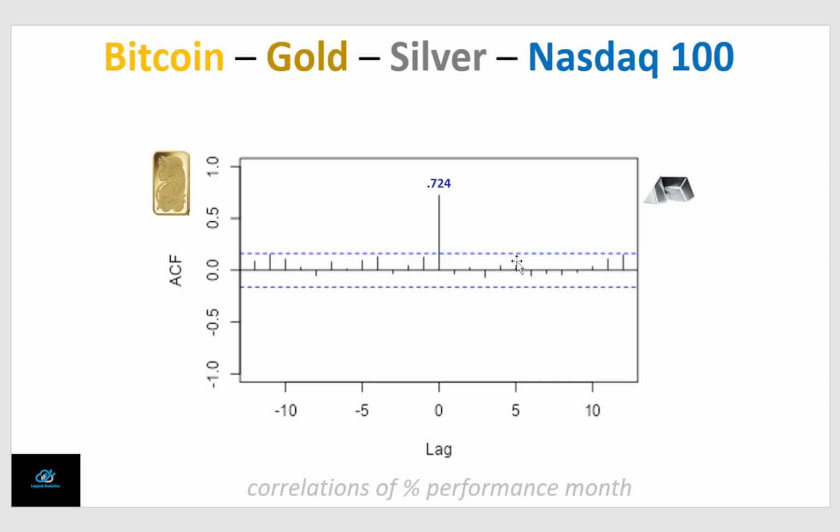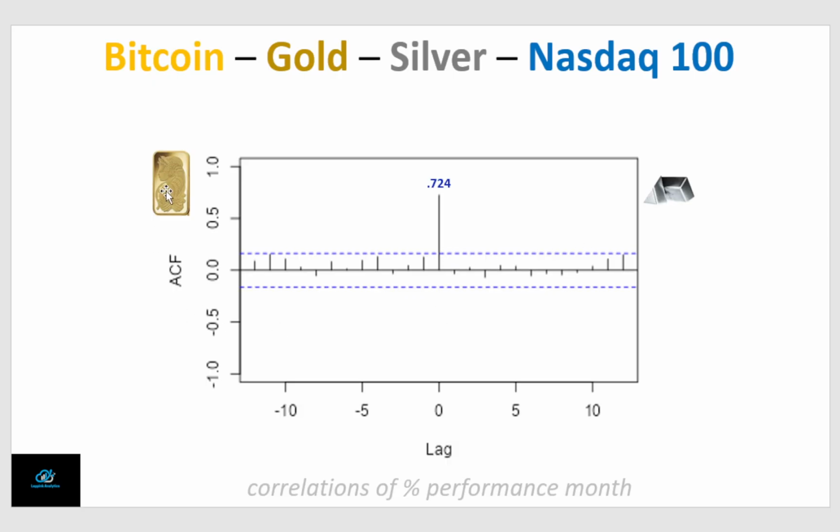The positive lags here on the right, if there were any substantial correlations up or down, would indicate that a certain performance of silver at some point in time is predictive of gold performance several months later.